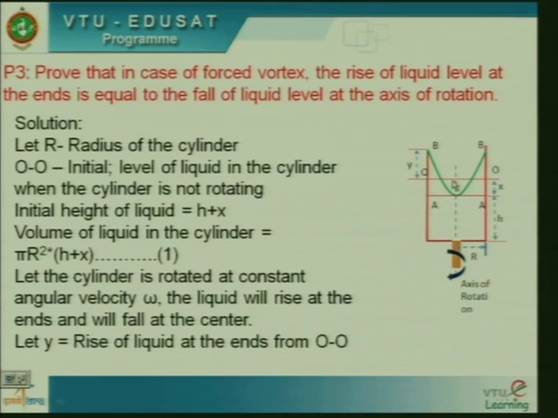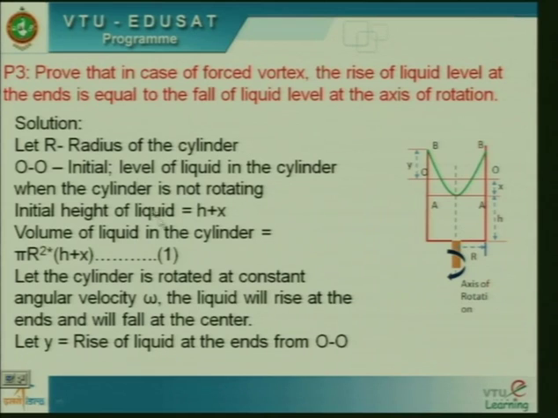Now at the center you have a fall of OA, and at the ends there is a rise of OB. We need to show that OB is equal to OA. Why do we need this? We need this relation once we start solving the problems. Let us see how to show that OA is equal to OB.